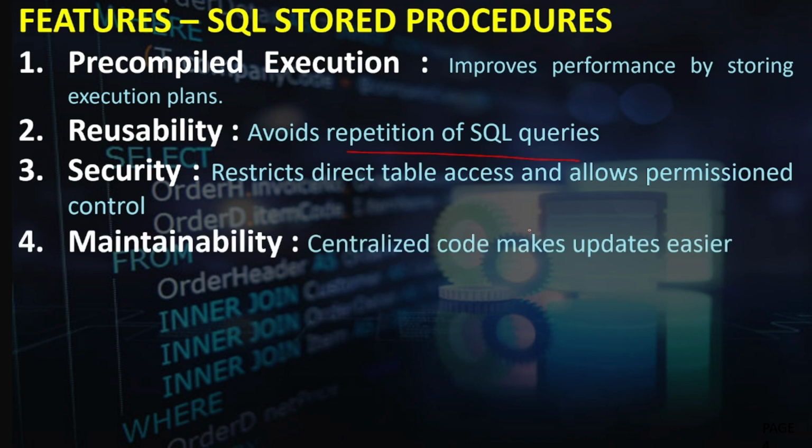Maintainability. Let's say you have written a stored procedure and you have used it at 100 places. You want to make changes in the logic of that particular code block. So you simply go and change it at one place, in the stored procedure.